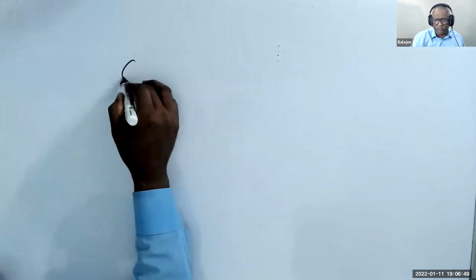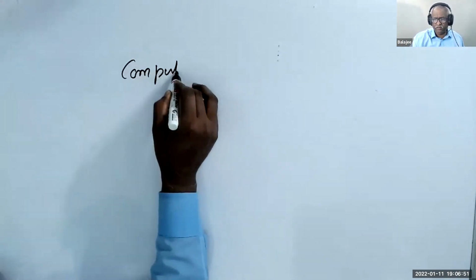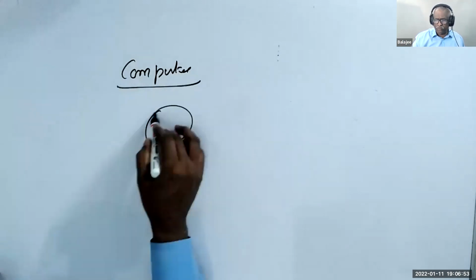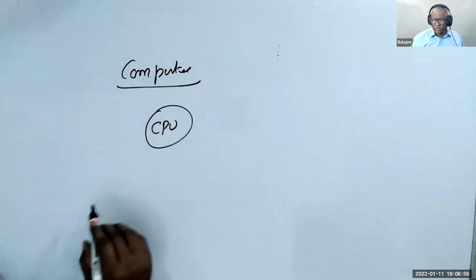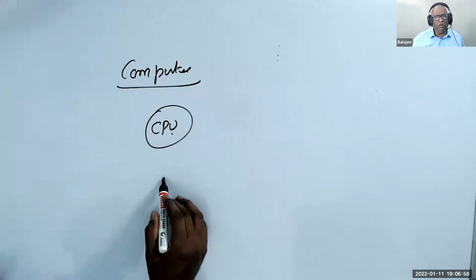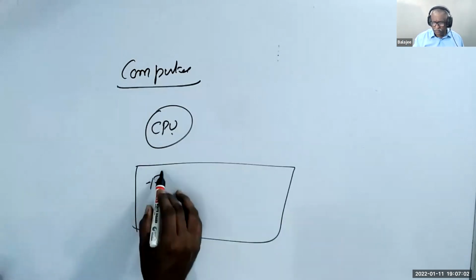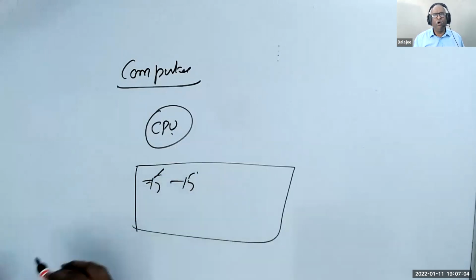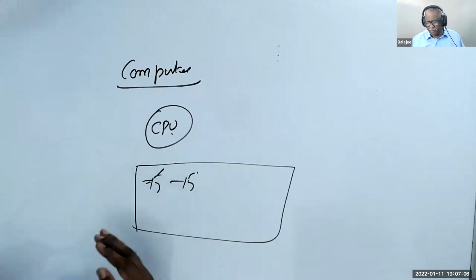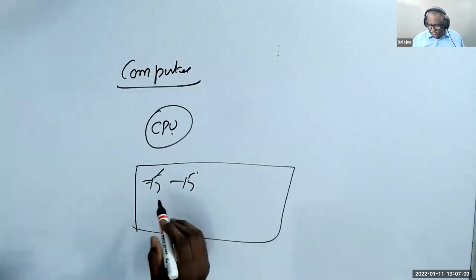Now in the same way, in the initial days they built computers using a CPU. Inside the CPU, they had lots of big circuits. All the circuits were used separately on boards using transistors.